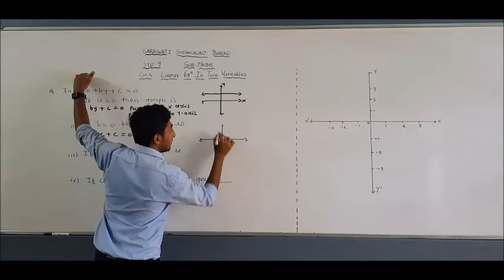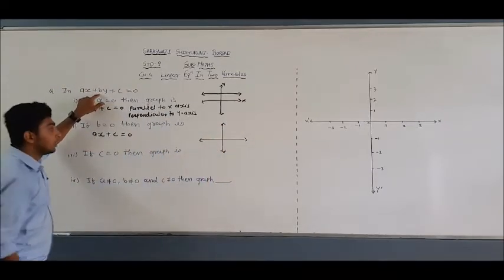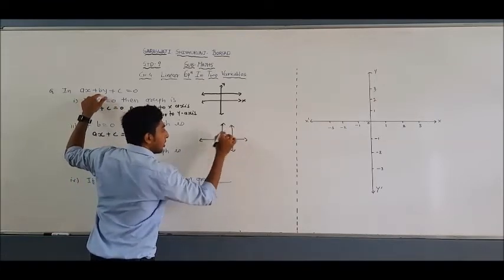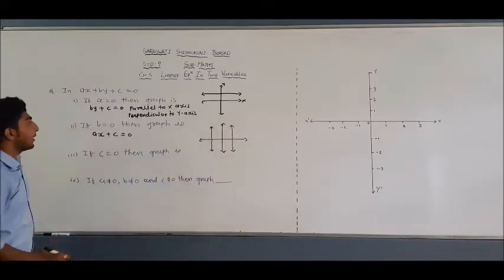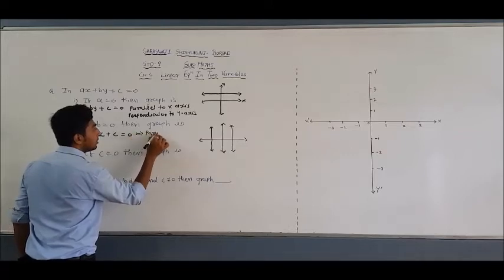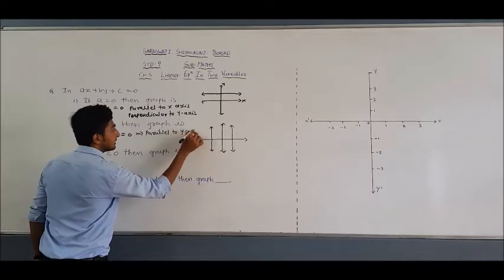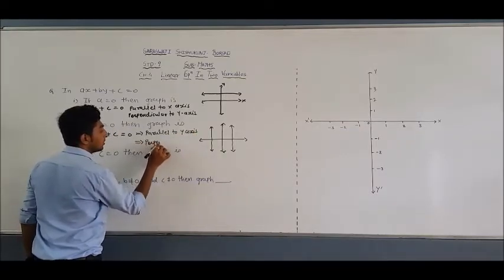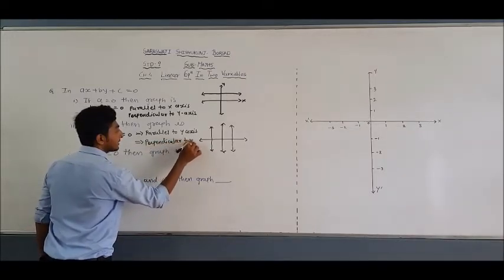Here, see, the coefficient of y equals 0. So the graph will be like this or this. So if the coefficient of y equals 0, then the graph is parallel to the y-axis or perpendicular to the x-axis.